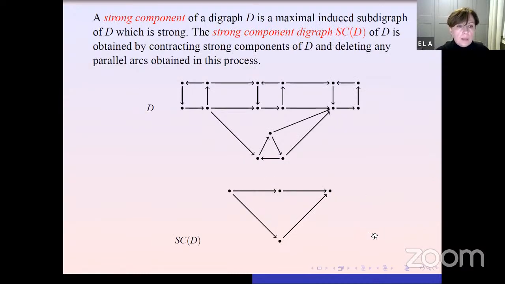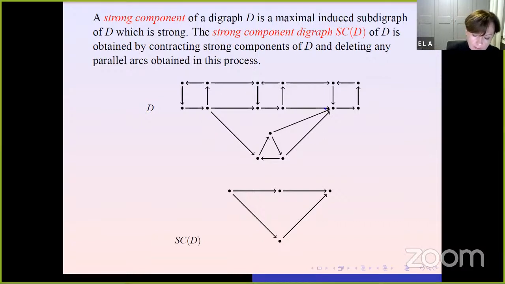Of course, if the digraph is not strong, we very often use the notion of strong component of a digraph. What is it? A strong component of a digraph is a maximal induced subgraph which is strong. So if a digraph is not strong, we are looking for the maximal subdigraphs which are strong. And next, the strong components we contract to single vertices. And the resulting digraph we call the strong component digraph. Here is an example.